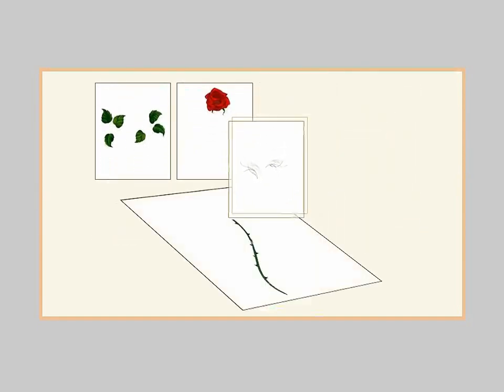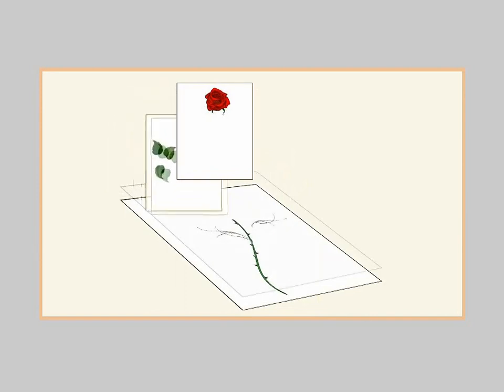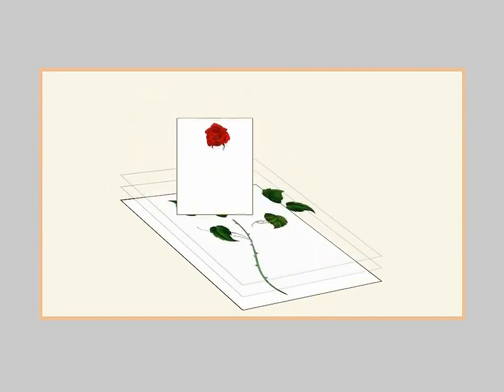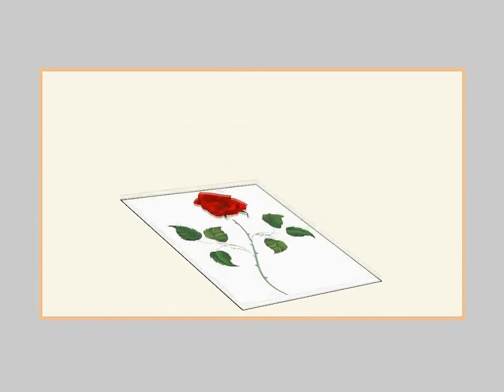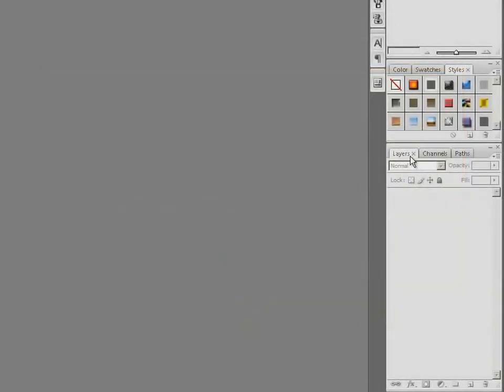The flower petals, the stem, and the leaves are painted on transparent sheets like glass. If they are placed one on top of each other, a flower is seen. If we work on the flower, the stems are not affected because they are on separate sheets. Layers in Photoshop are like these transparent sheets, and layers are the most important part of Photoshop.